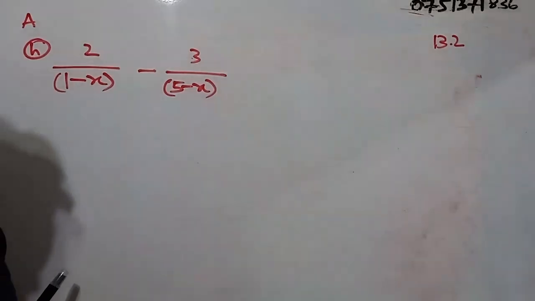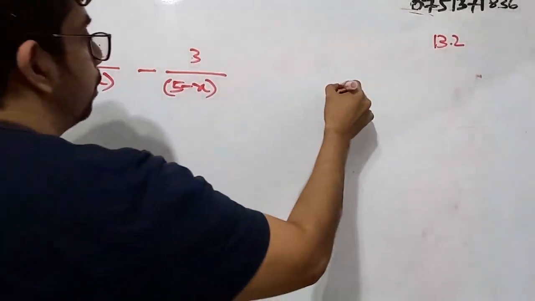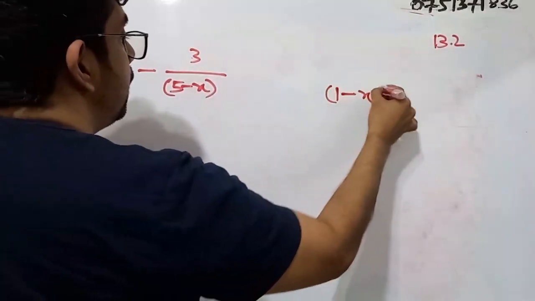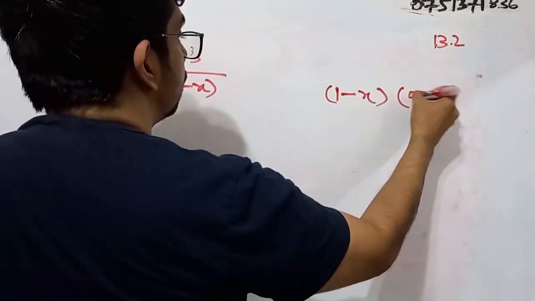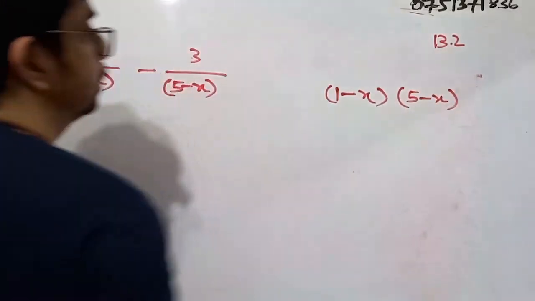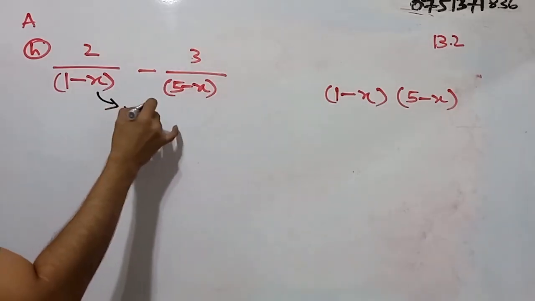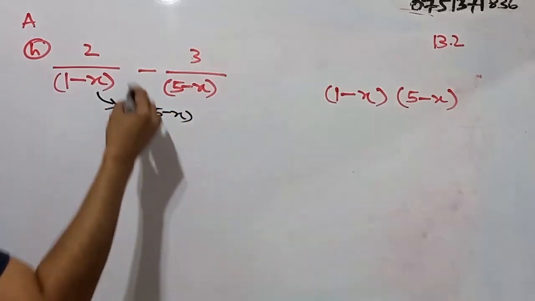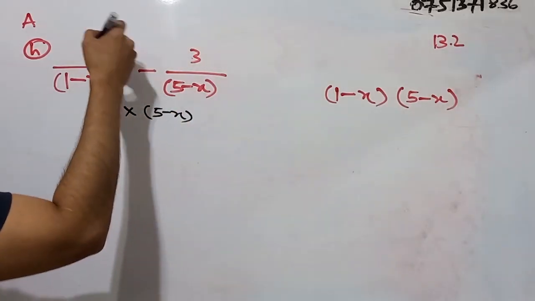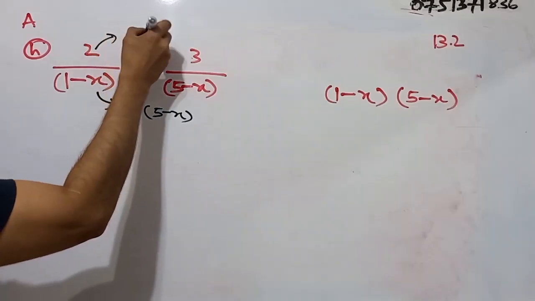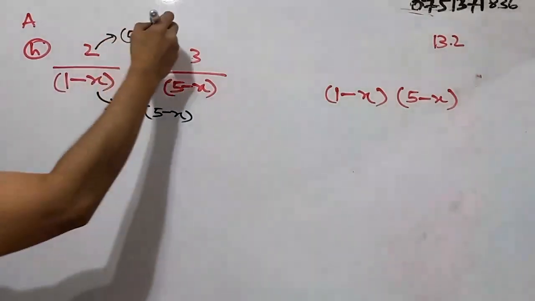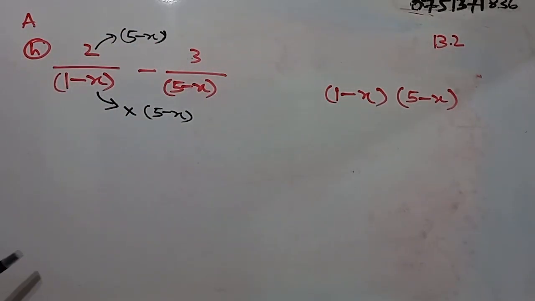Okay, so here, what should be the LCM? 1 minus x and 5 minus x. So 1 minus x, we need to multiply that by what? 5 minus x. That means the numerator must be multiplied by 5 minus x as well. Right?